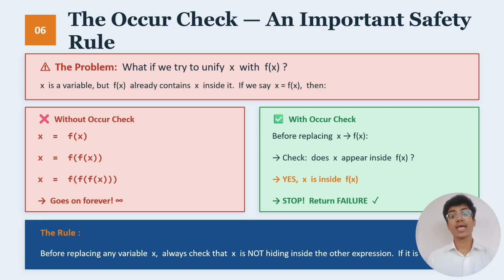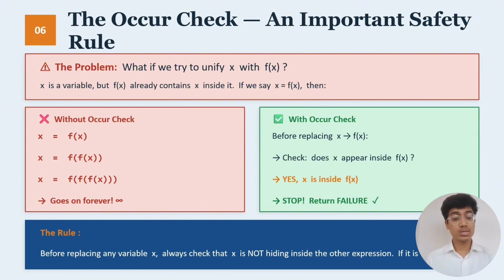If we say x is equal to f of x, then without the occur check, x is equal to f of f of x. In the next step, x is equal to f of f of f of x.